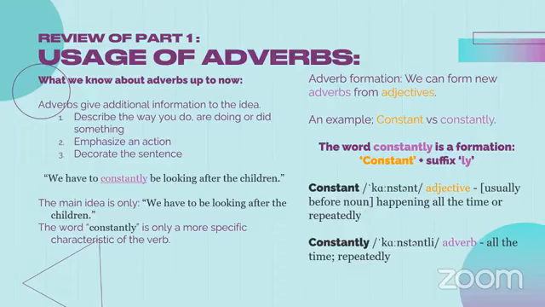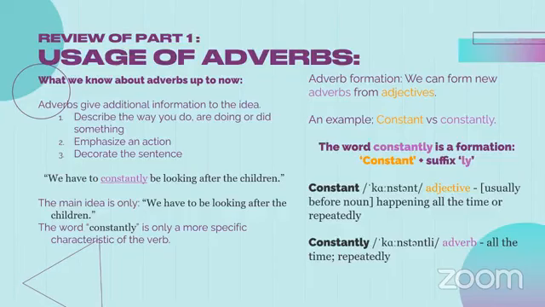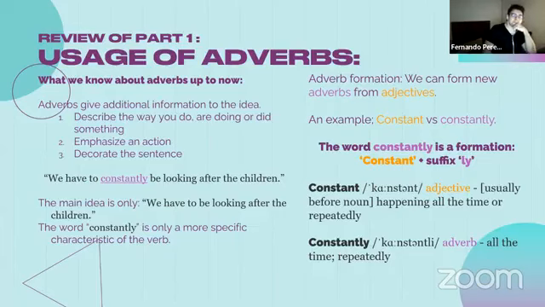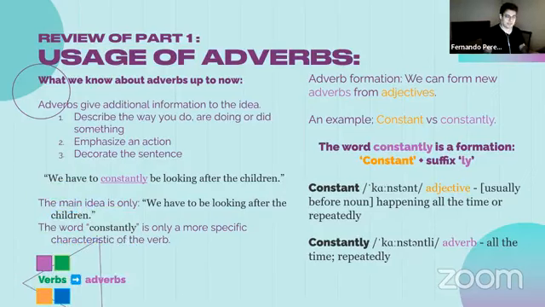Constant. Usually before a noun, happening all the time or repeatedly. Perfect. Constantly, adverb, all the time, repeatedly. Exactly. That is correct. And the difference is the position corresponding to the other words. If you are going to describe a verb, then it usually goes after the verb.